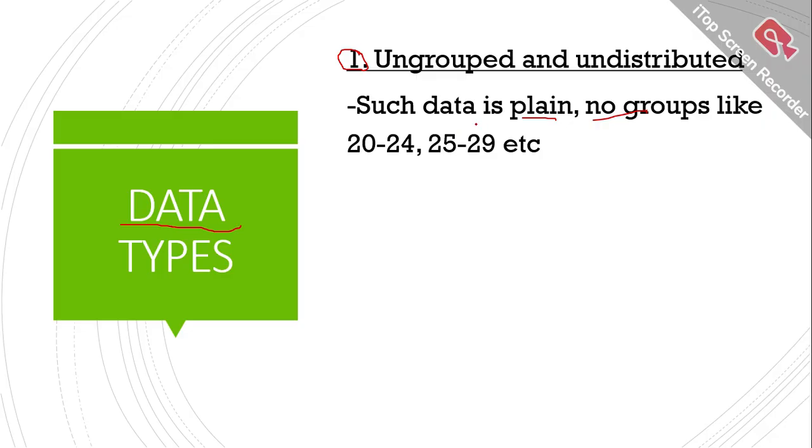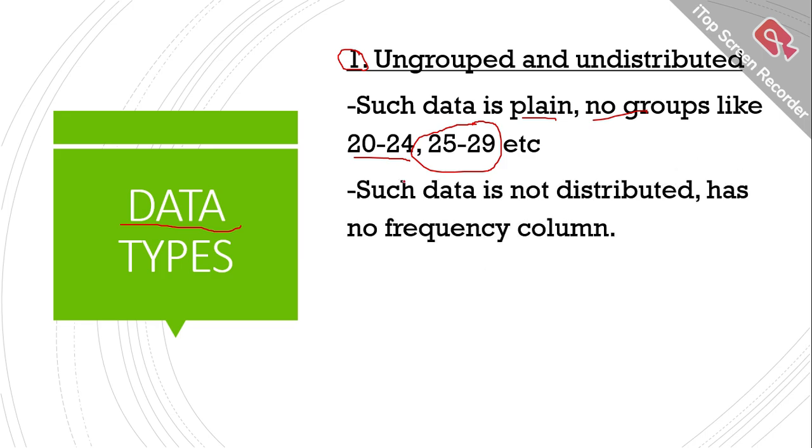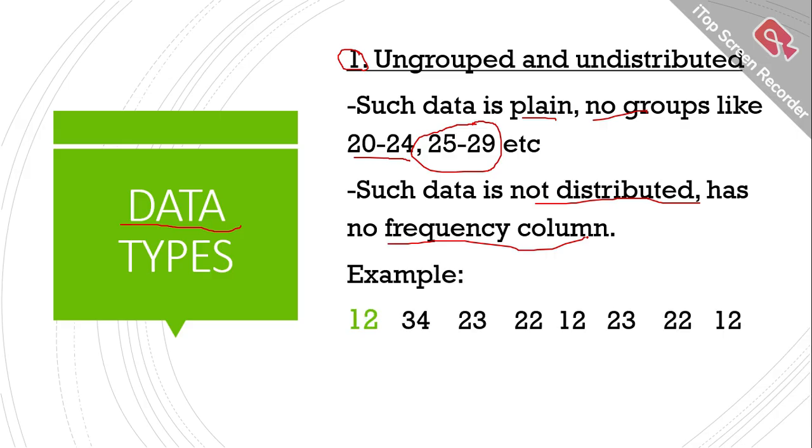You've seen these groups in O level, like 25 to 29. Those are groups, but such data does not have groups. And such data is also not distributed. The word distributed means that it has no frequency column. For example, look at this data here.